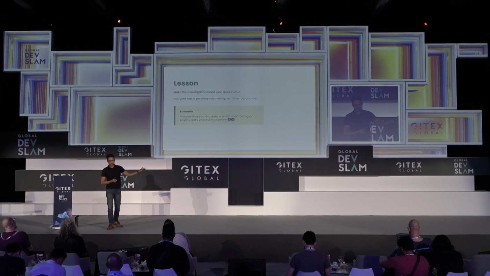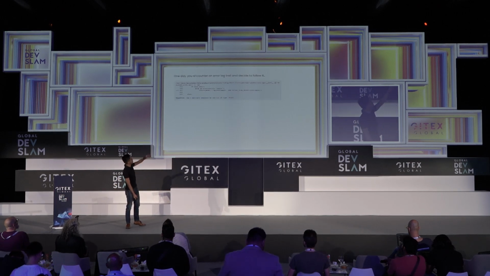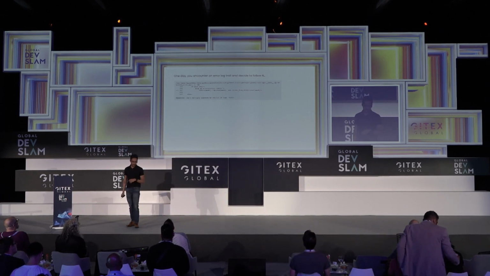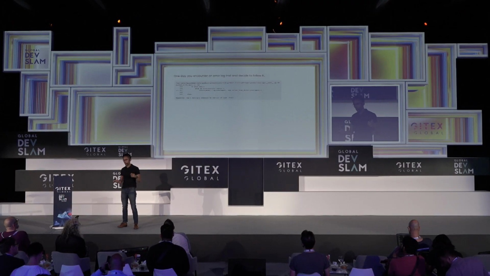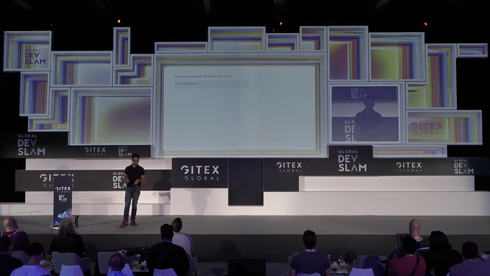So imagine that you're a data scientist maintaining an existing data processing pipeline. And one day you encounter some kind of error, and it says, there's a type error. I can't multiply sequence by non-int of type float. OK, so you're trying to do some operation, and it's not valid, but that's not very useful.